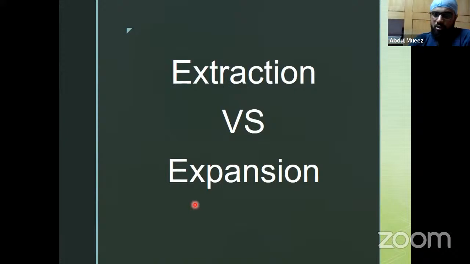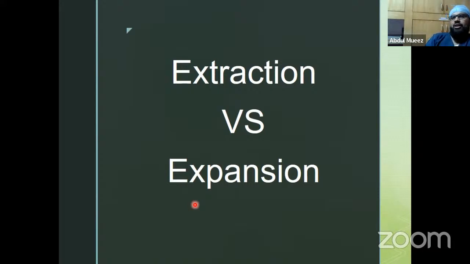Coming to the next component, the first thing the patient says is, doctor, I need braces. Second thing the patient says, doctor, are you going to pluck my teeth out or not? Third thing talks about the money, obviously. So to say whether the patient requires an extraction or an expansion, many important parameters come into consideration.